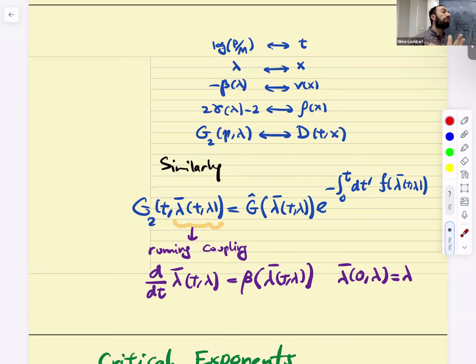This is in general the structure of the solutions to Callan-Symanzik. You want to calculate some correlation function at some energy scale and a bunch of couplings, and you relate that to, well, I'm trying to over-explain now. I said what I said.